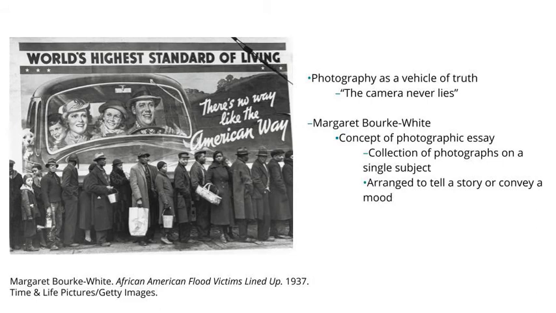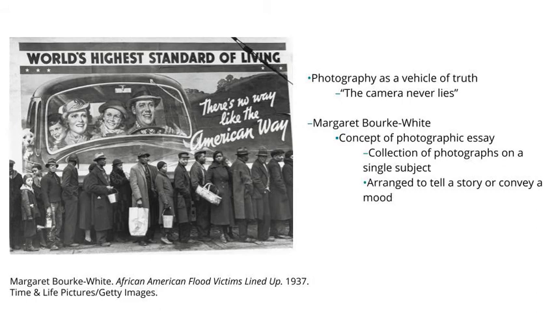Margaret Bourke-White really worked with the idea of a photographic essay, so taking several photos that all work on a theme together, a collection of photographs on a single subject, and they're arranged together to tell a story or convey a mood. This image in particular is of predominantly a group of African Americans that are all lined up because they are trying to access help after a flood.